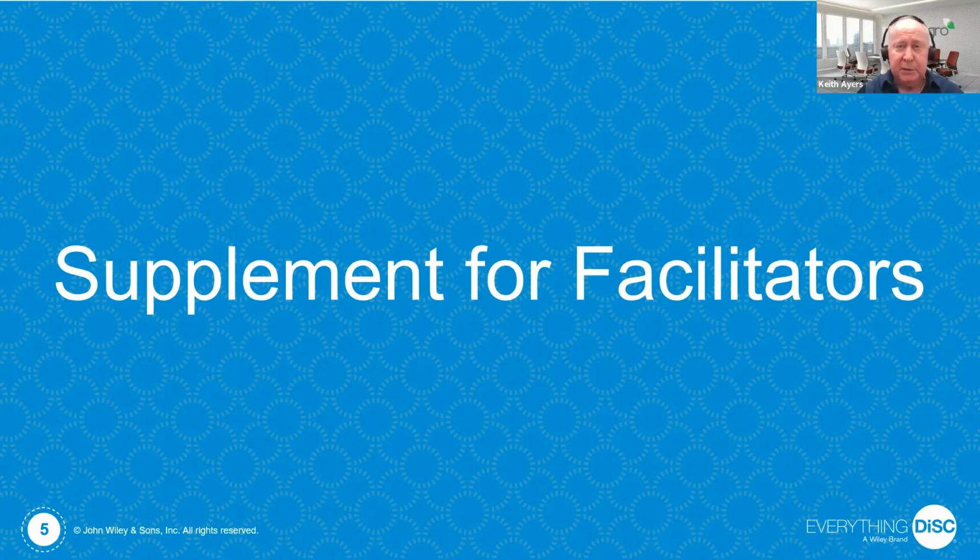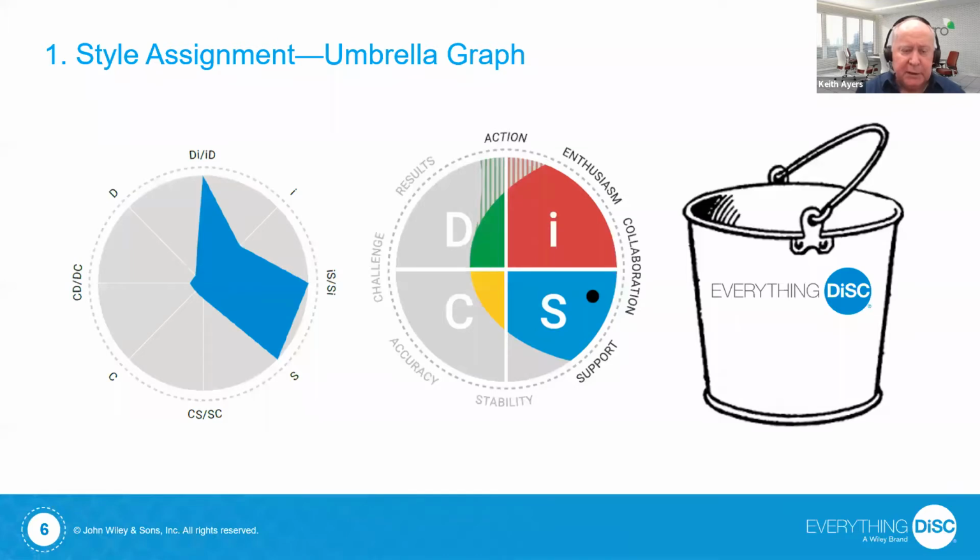We spend quite a bit of time in the certification training on understanding this report and how to interpret it, so that our facilitators that are going out to use DiSC have also been well trained in how to use this. There's 3 parts to the supplement for facilitator report. The first part is the umbrella graph, which is the bit on the left. The purpose of the umbrella graph is to assign your style, that is, to determine where your dot goes.